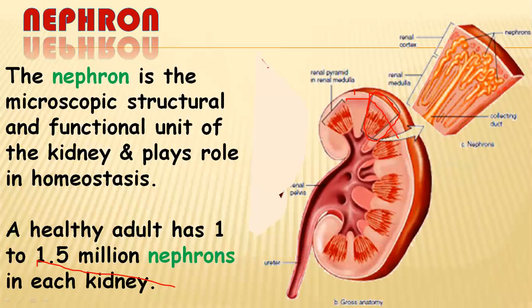You can see here that the major portion of this nephron is present in the cortex, and the tubular part is present in the renal medulla. Then lots of nephrons are connected with one collecting duct, and lots of collecting ducts move into the renal pelvis and then go into the ureter.